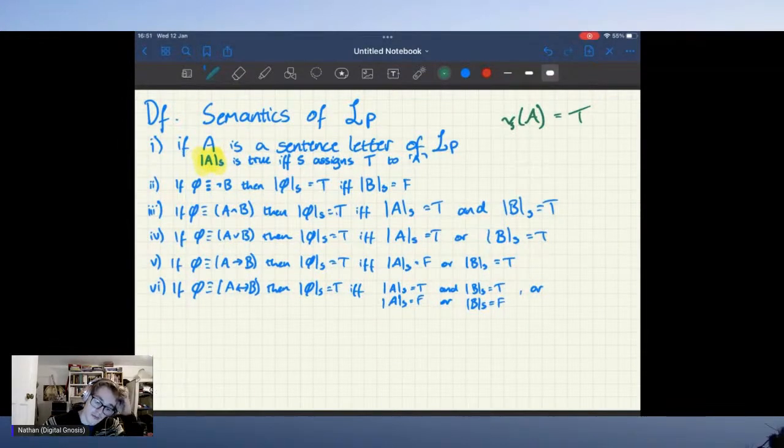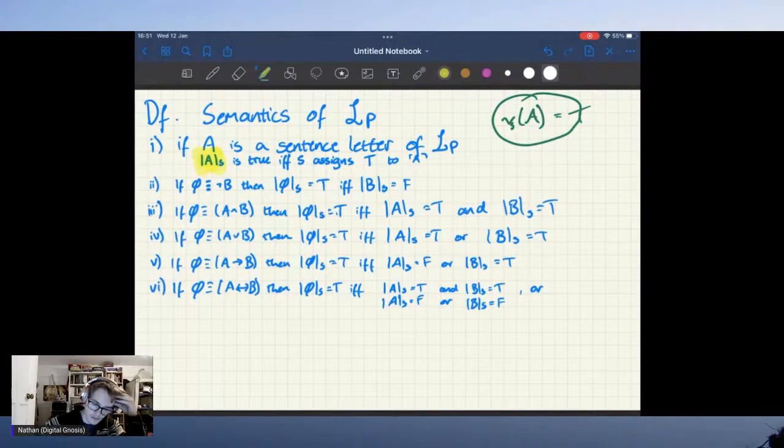So I think I do prefer this notation here. But if you're reading a textbook or something, you might see this sort of thing, and it isn't wrong. So A is true if and only if S assigns T to A. Okay, so that much is simple.